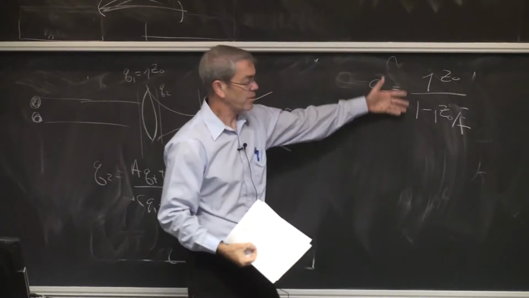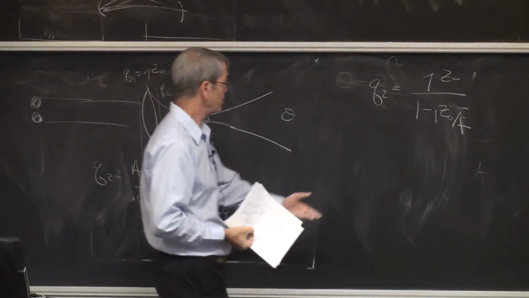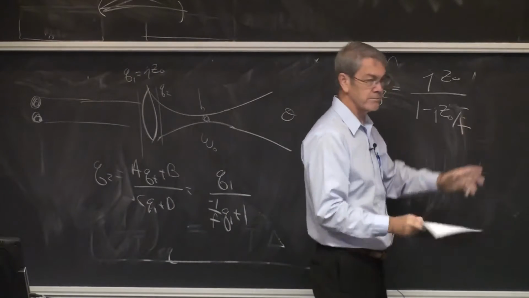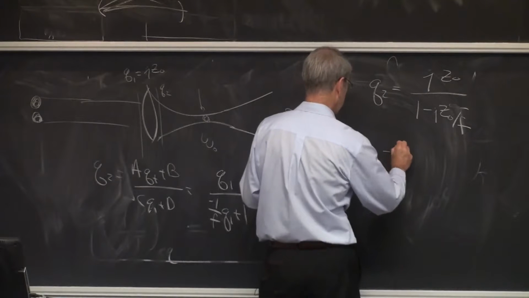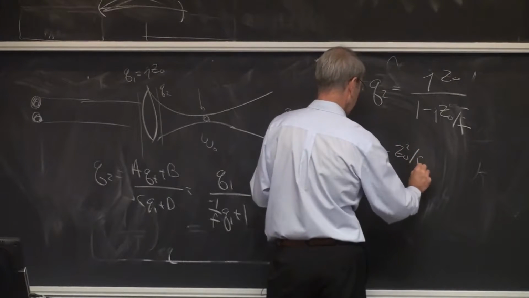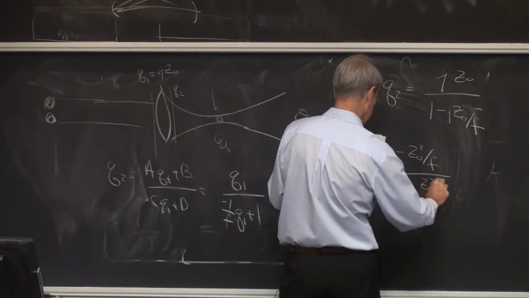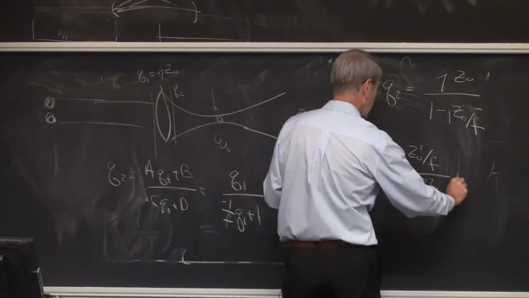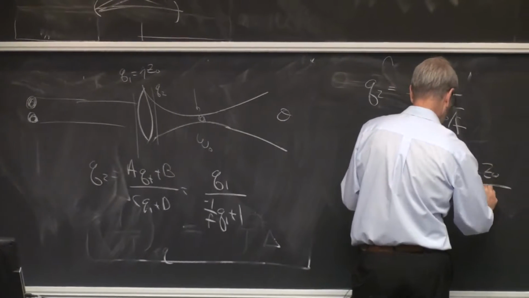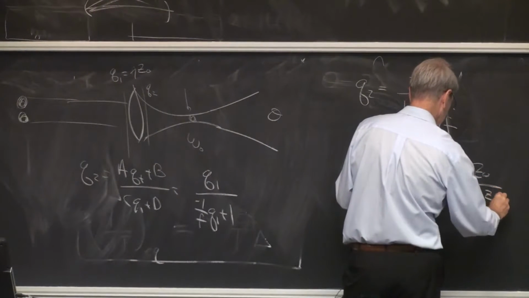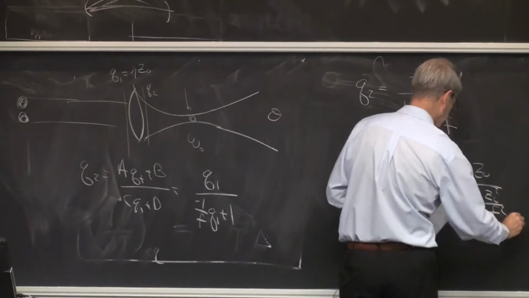What I'd like to do is break that into a real and imaginary term. So you multiply by the complex conjugate, you separate the terms, and you get that this is equal to minus z naught squared over f, divided by 1 plus z naught squared over f squared, plus j z naught over 1 plus z naught squared over f squared.